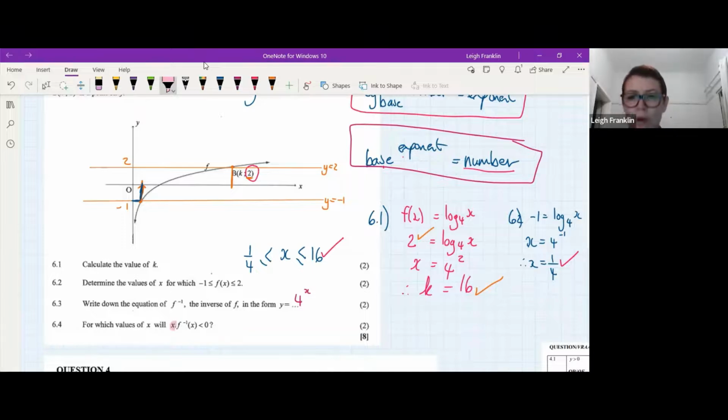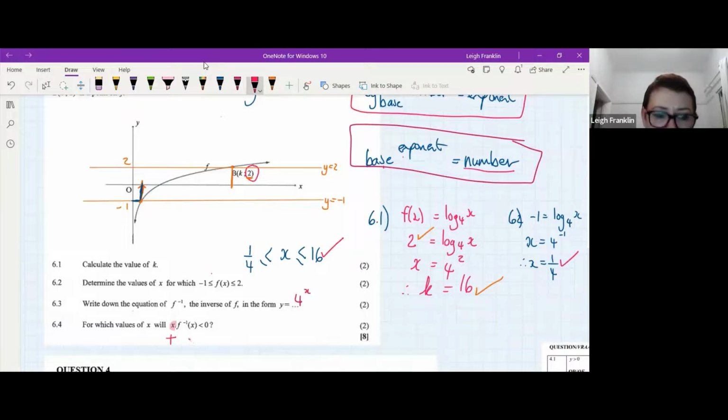So x represents a number, either positive or negative. In this case, x has to be greater than 0 for all values of x, because remember, our y-axis is our asymptote, so we can't get negative x values. So x is always going to be a positive number.